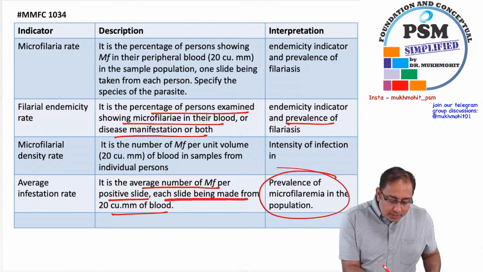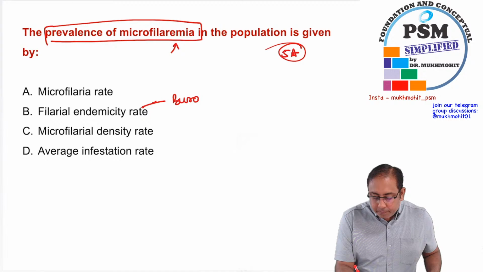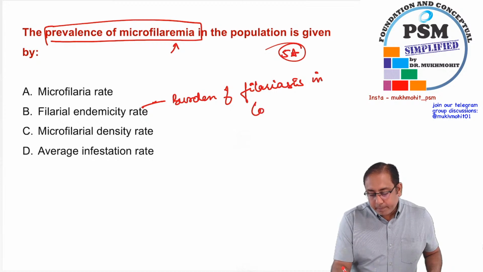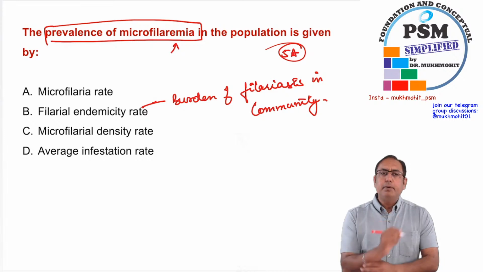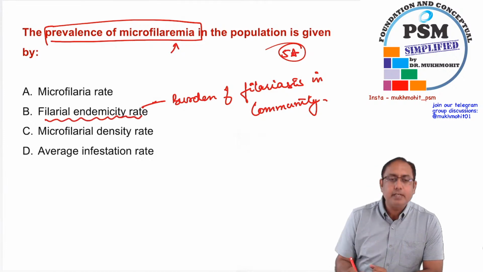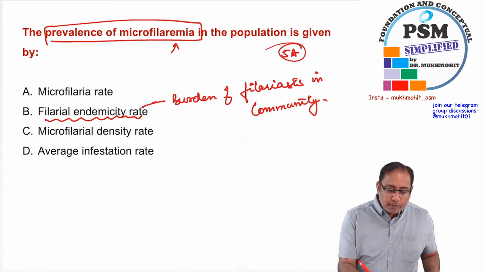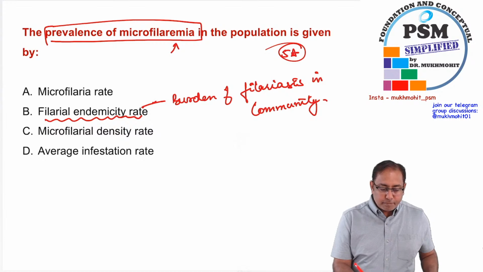So filarial endemicity rate, it tells us about the burden of filariasis in the community. It tells us the burden of filariasis in the community, that is filarial endemicity rate. But please remember, prevalence of microfilariasis.